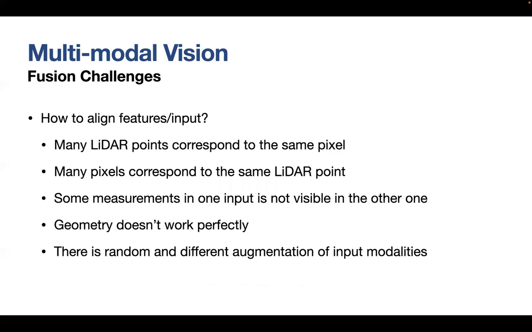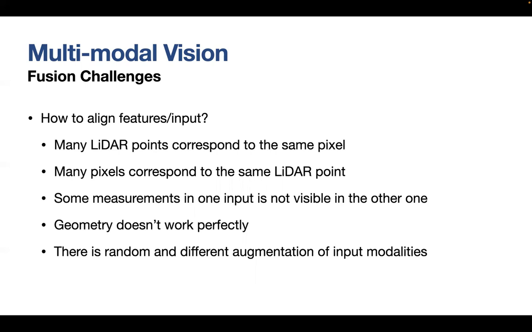But first, let's have a look at what the challenges of fusion are. How to align features or the input when we have 2D and 3D? The problems are, many LiDAR points may correspond to the same pixel because they're different sensors, they're not at the same place. Maybe two LiDAR points are mapped in 2D to the same point.